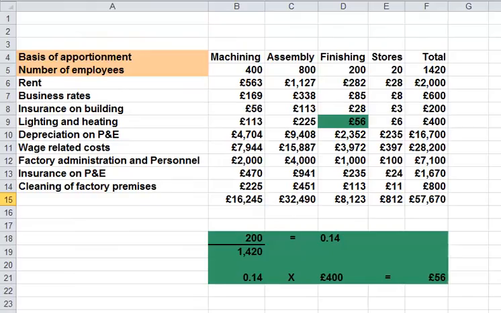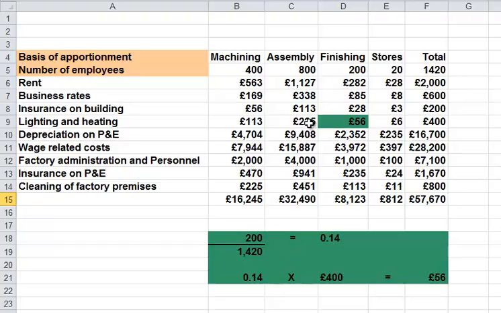So if we go down here to the last one, now we've got number of employees. In this case, it's 200 divided by 1,420. That's the total number of employees. 200 divided by that is 0.14. 0.14 times 400 is 56. So on the basis of number of employees, if that's the basis of the apportionment, then for the heating and lighting bill of 400, £56 should be paid by finishing.